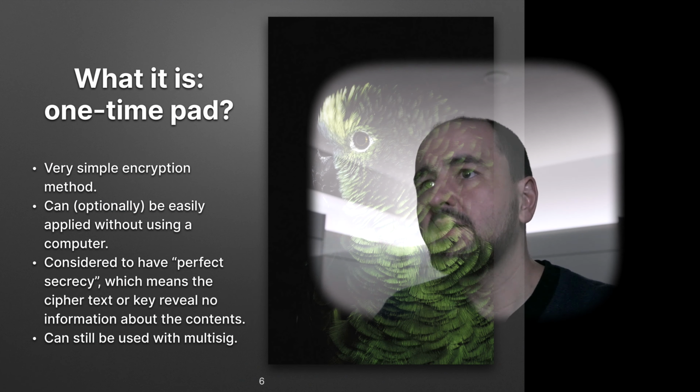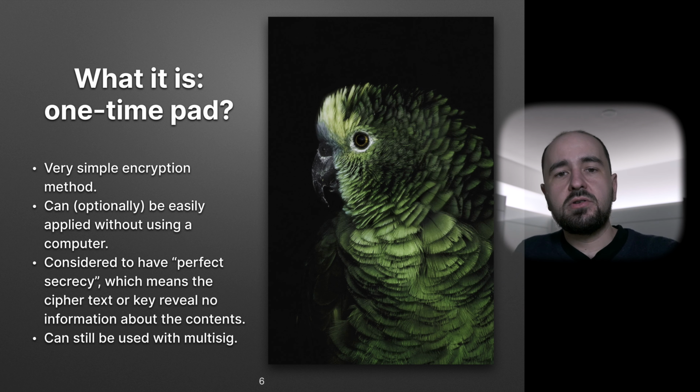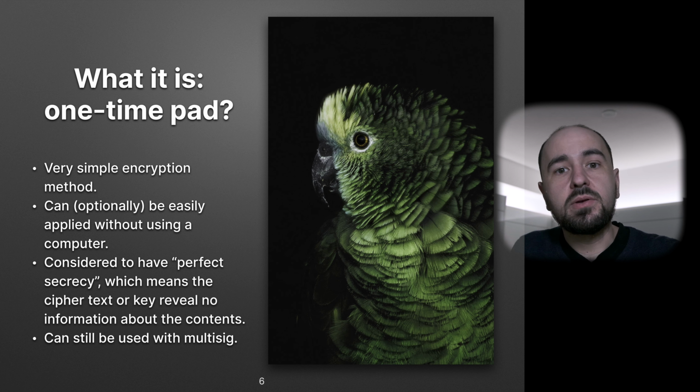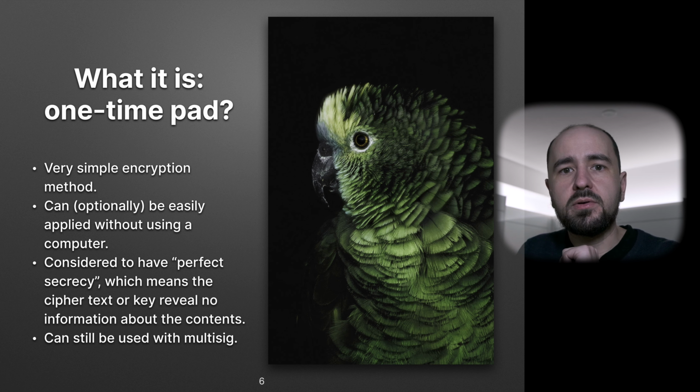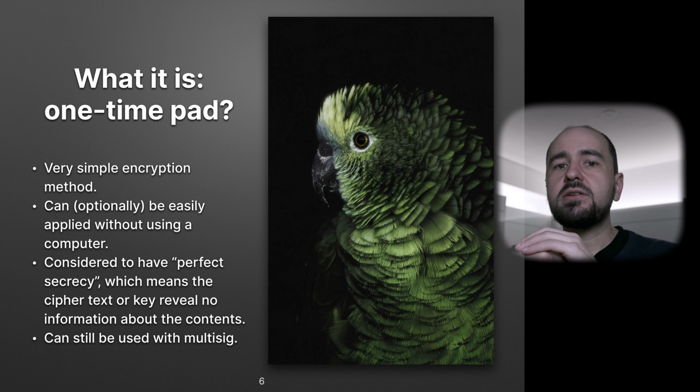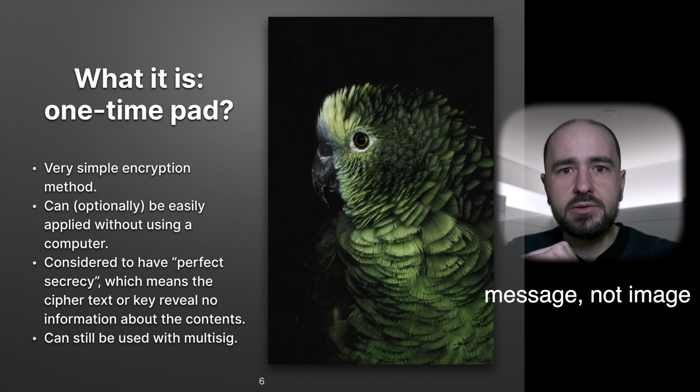A one-time pad is a very simple encryption method. It can be applied without using a computer. It's pretty easy. You can just do it like basic math, pen and paper if you want. It's considered to have what's called perfect secrecy, which means that there's nothing about the key or the ciphertext that really reveals any information about the message.